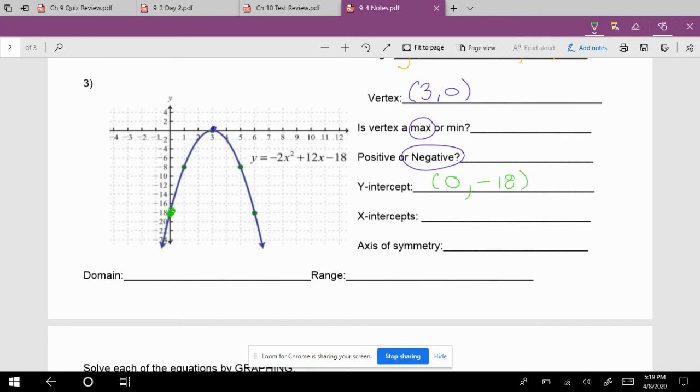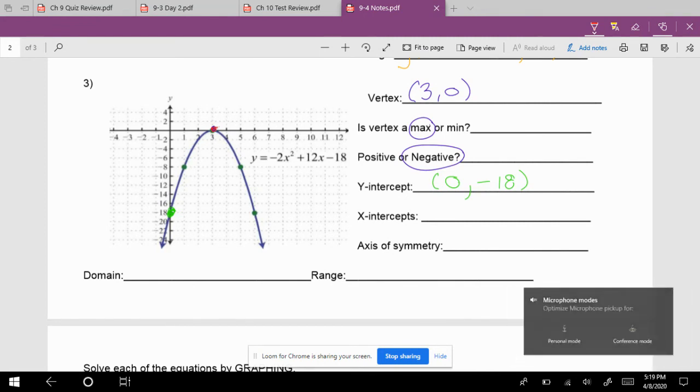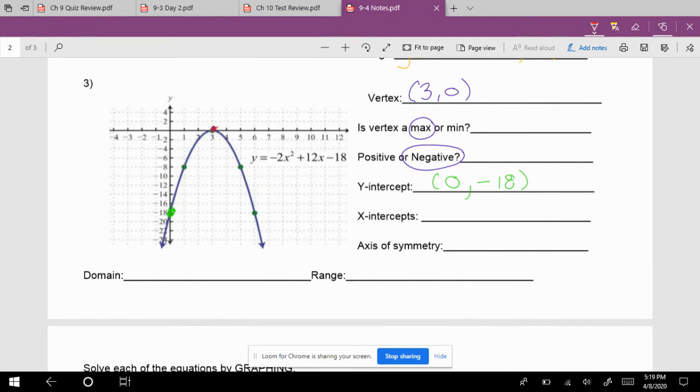The x-intercepts: if you notice on this one, there's actually only one. It happens to be the same as your vertex. So in this case, you only have one x-intercept, and it happens to also be your vertex. And a little hint: every time you only have one x-intercept, that point is also your vertex.